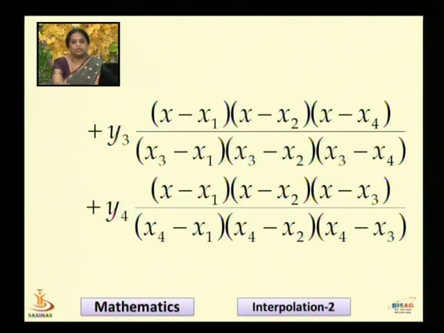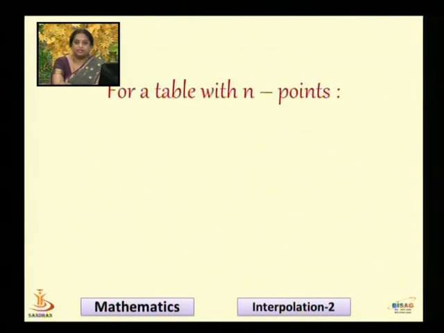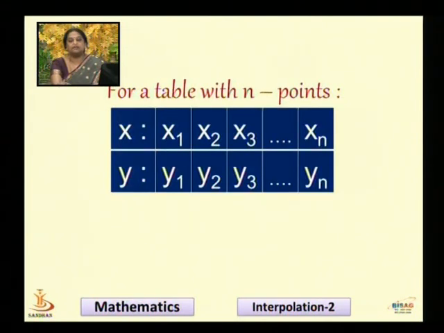We can notice from here that since we have considered a table of 4 points, there are 4 terms in the Lagrangian interpolating polynomial. Now for a table of n points, let us generalize that we have got n tabulated points x1, y1, x2, y2, and so on to xn, yn.